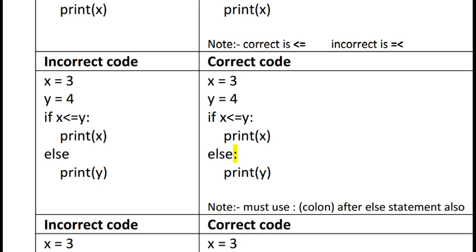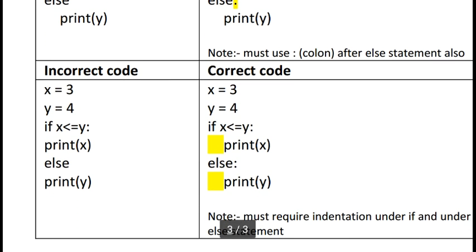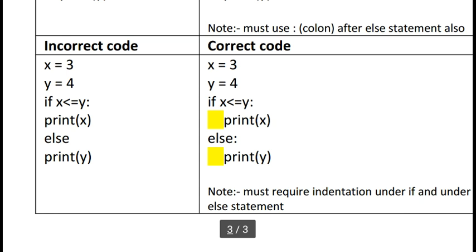Now the incorrect code: x is equal to 3, y is equal to 4, if x <= y colon, then I am using print x, but there is no gap. Then the else colon is missing and again print y.